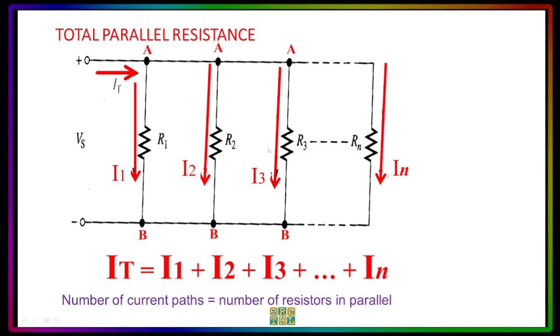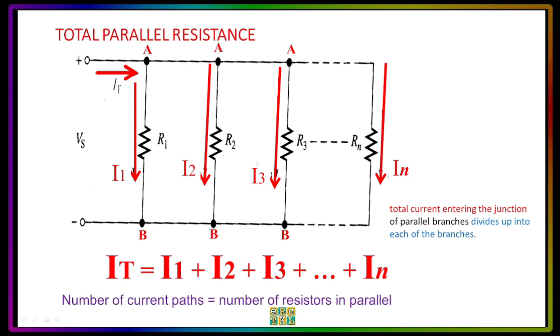If all the resistors here have different values, of course the currents will also have different values, except if all of them have the same resistances. If all of them have the same resistances, or the resistors are equal, then the currents will also be the same, but it will still be divided by the number of resistors.